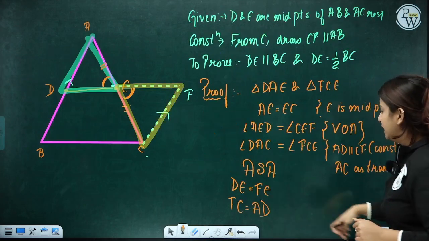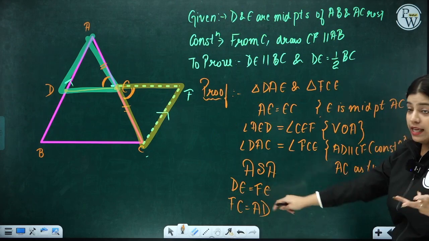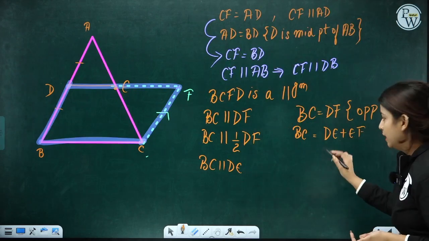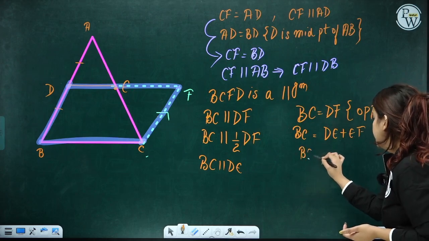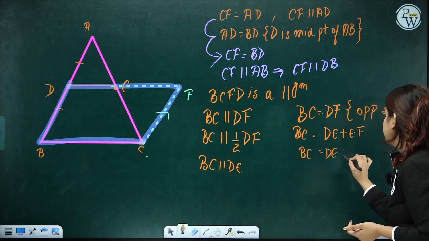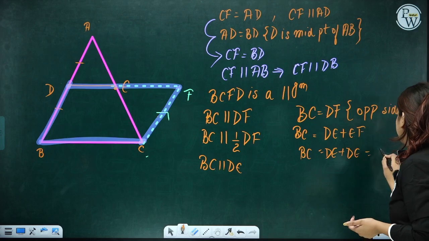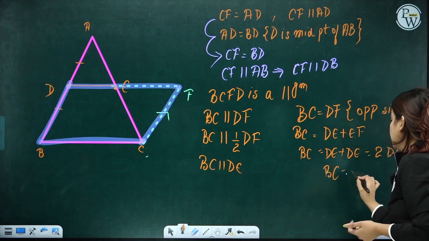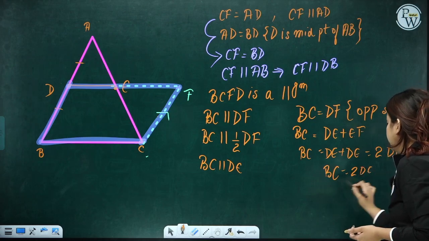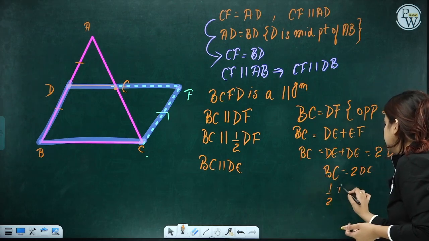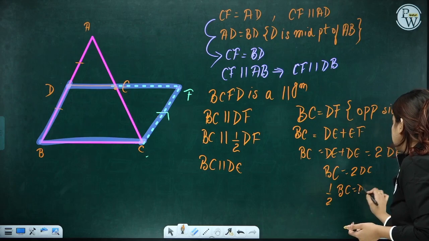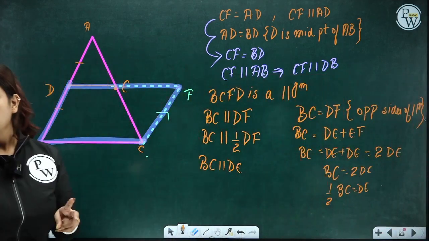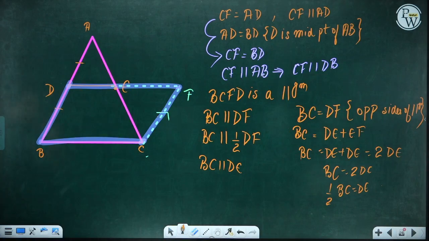And DE is equal to FE by CPCT, already proven. So in the place of EF, I will write BC is equal to DE plus DE, that is equal to twice of DE. So BC is equal to twice of DE, or we can say that half of BC will be equal to DE. So these are the two things that we had to prove. So this is the proof, students. Have a look forward to it.